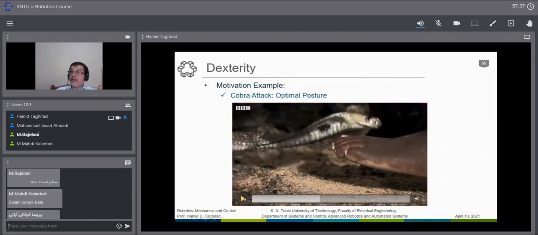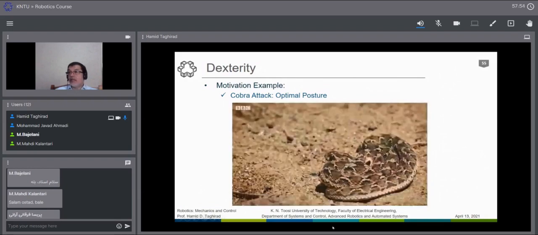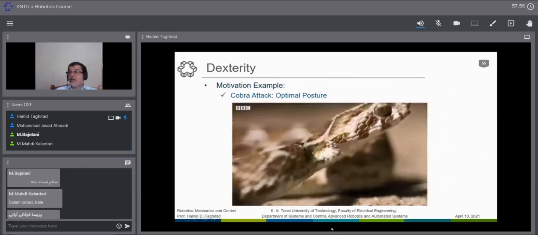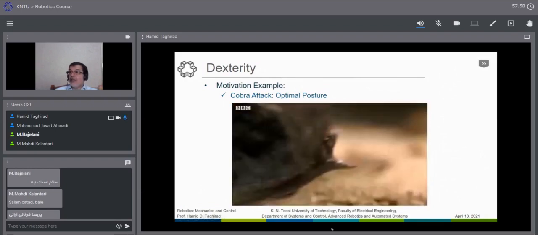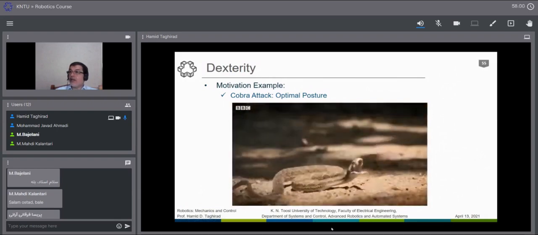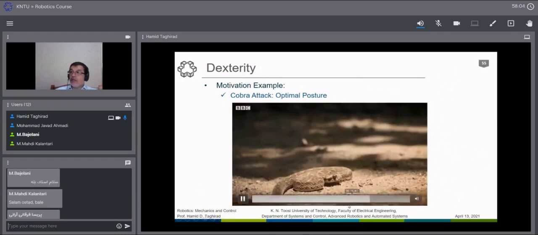To see the speed again, here is another snake. It is interesting that the cobra is not as effective a killer as this small snake, as you see here. This snake usually never leaves its prey. You look at the way it will configure itself.